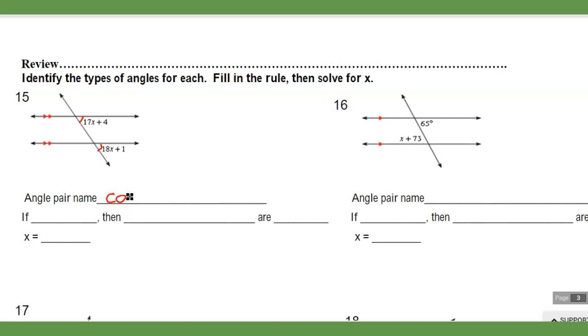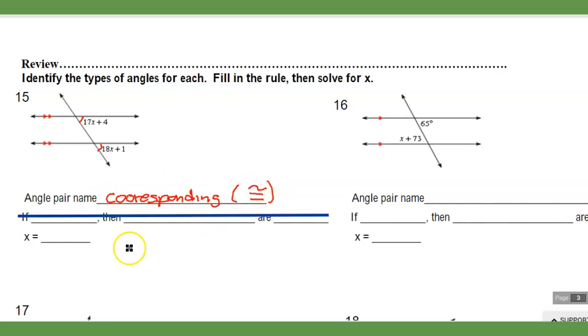So I'm more concerned that, number one, you know it's called corresponding, and that corresponding angles are congruent, okay? So if you want to, just leave out this part here. Just put corresponding or the name of the angle and if they're congruent.